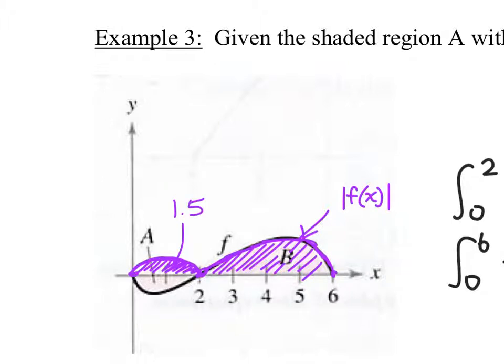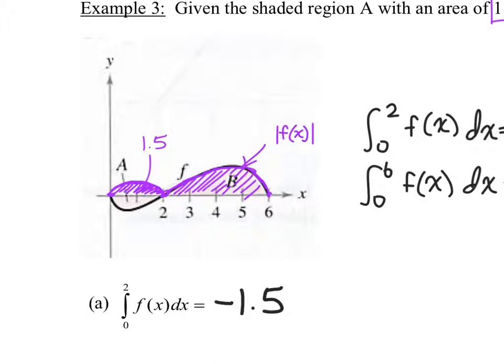All right. The only reason we made it negative to begin with was because it was below the axis. Now, we also know that the net area over the interval was 3.5. So if I went with the original graph, if I took this guy here, which was negative 1.5, and then region B, and added those together, the result should have been equal to 3.5.